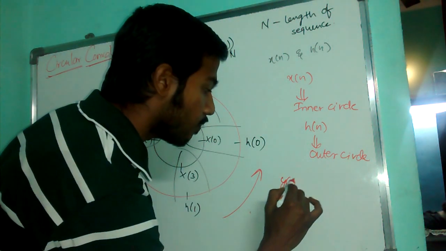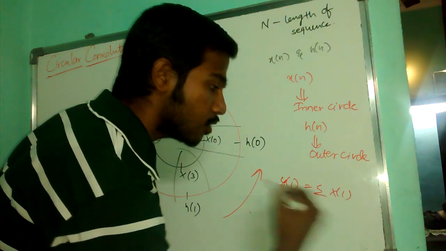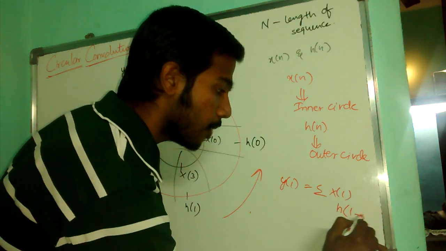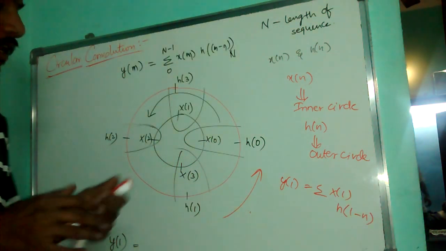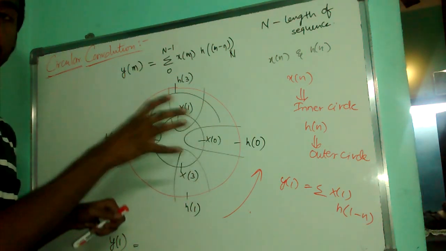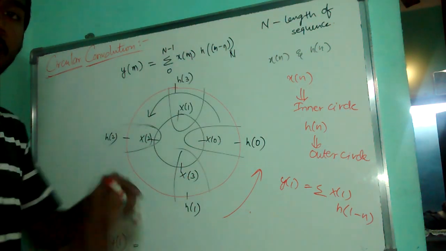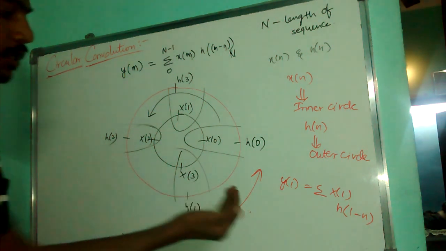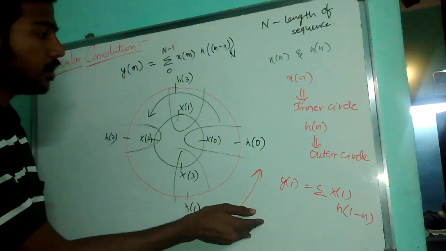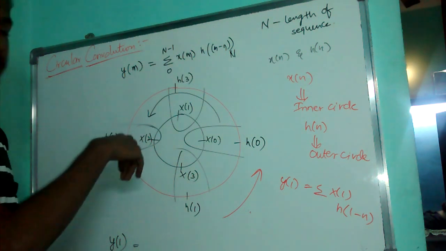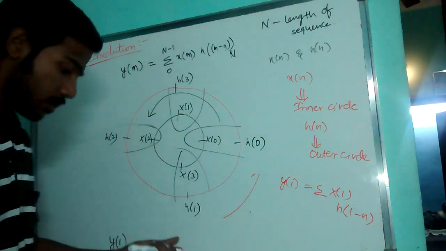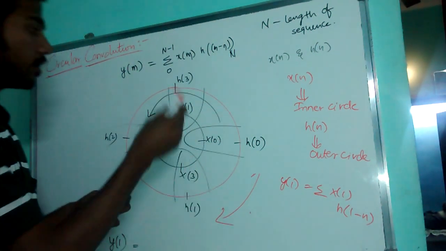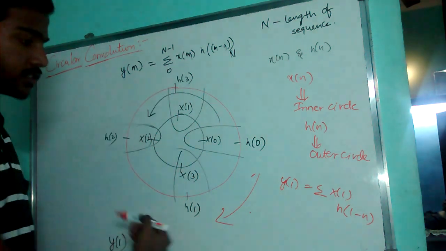But as you know, for y of 1 it is the summation of x of 1 into h of 1 minus n. You shift the given h of n circle by one time unit in the direction you wish. Like in this I considered anti-clockwise, this is considering clockwise.